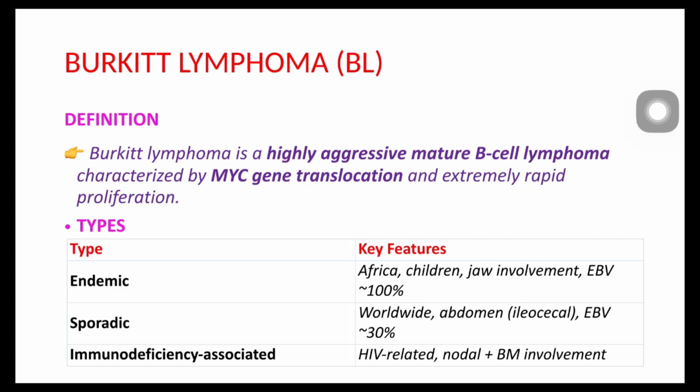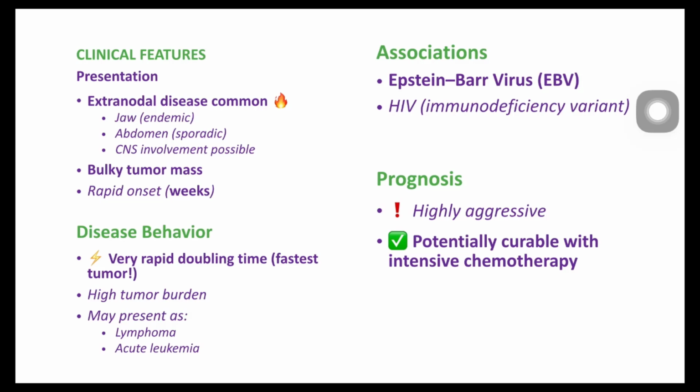Now sporadic, where it is worldwide, the abdominal ileocecal region is commonly involved, and EBV shows positivity in 30% of cases. HIV related, and nodal and bone marrow involvement may be seen in immunodeficiency associated.